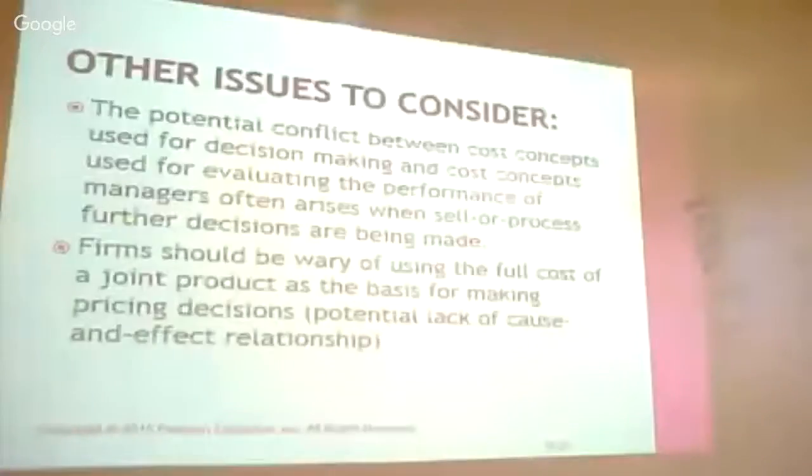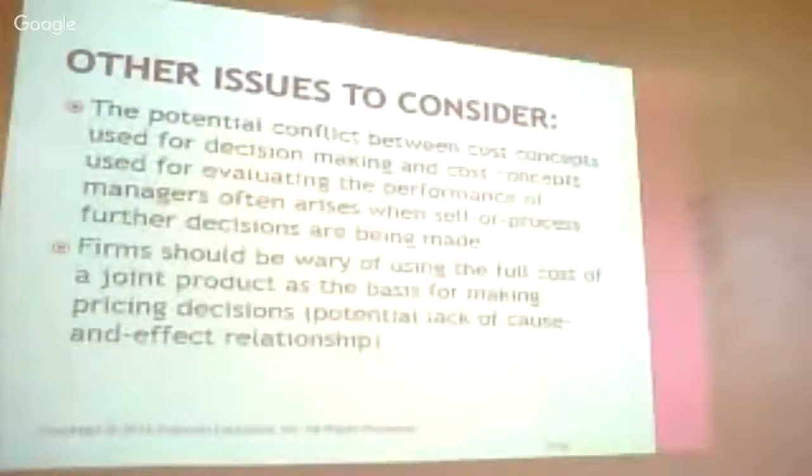Some other issues we need to consider: the potential conflict between the cost concept used for decision making and the cost concept used for evaluating the performance of managers often arises when sell or process further decisions are being made. Have you noticed the trends in all our evaluations?